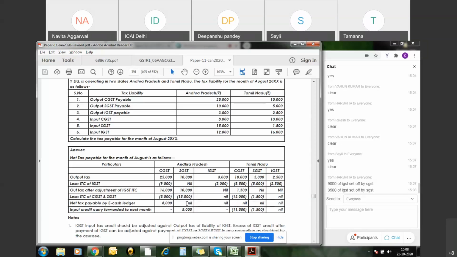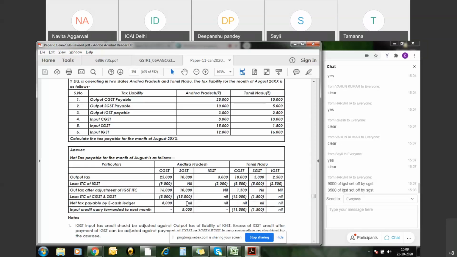Now, what is the input available against CGST? That is 13,000 and SGST is 1,500. We simply place this information against ITC, less ITC on CGST and SGST. You will see that there is input available under CGST of 11,500 and SGST of 1,500.